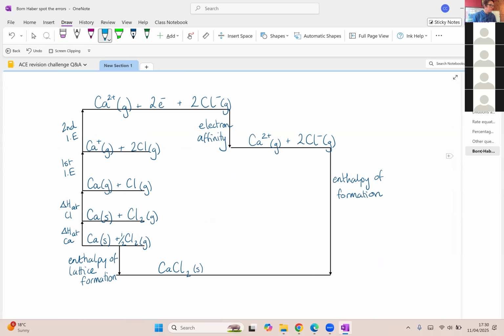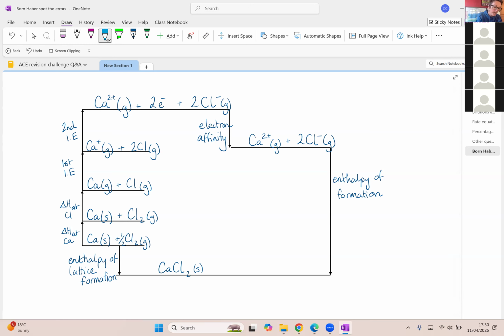So how many errors can you see on this? Oh, confused on the Cl bit. I'm not surprised because there were errors all over the place. All right. So in a Born-Haber cycle, let's look at what's right and what is wrong.